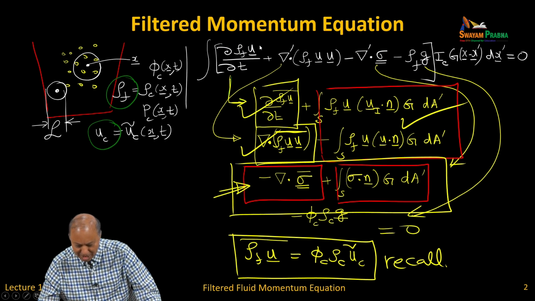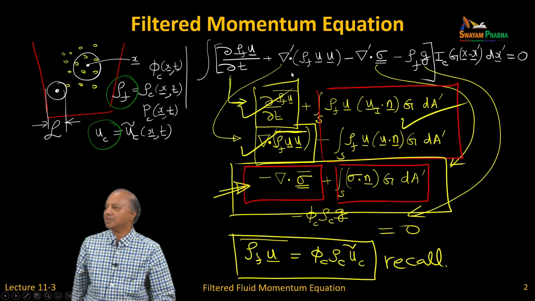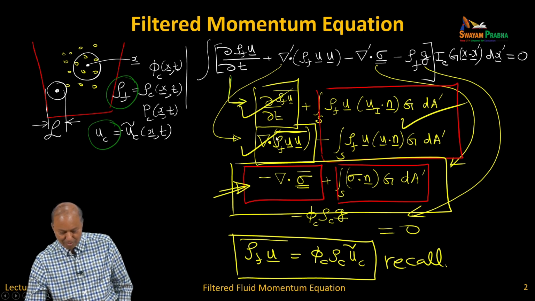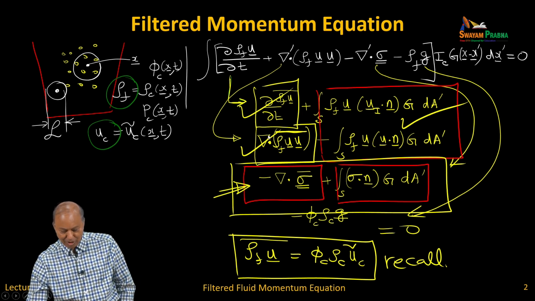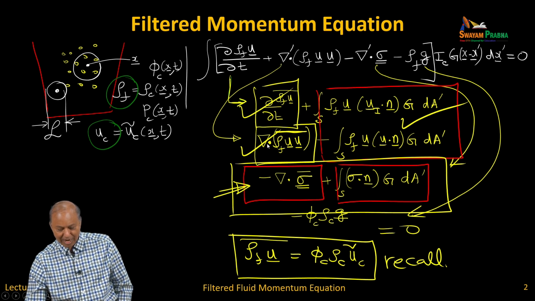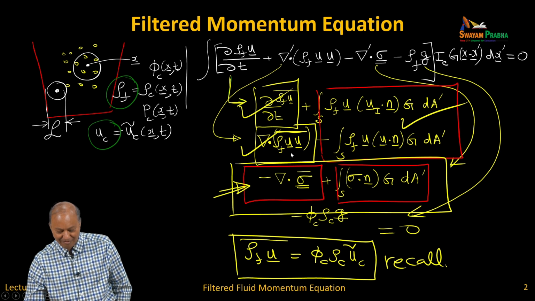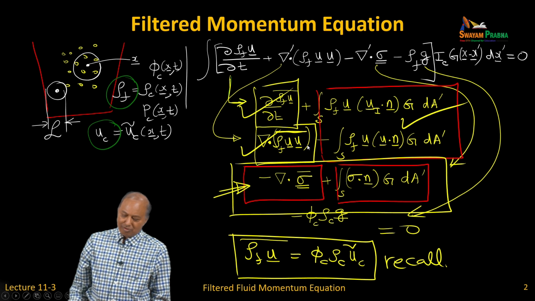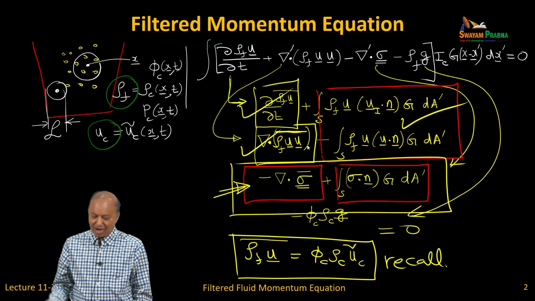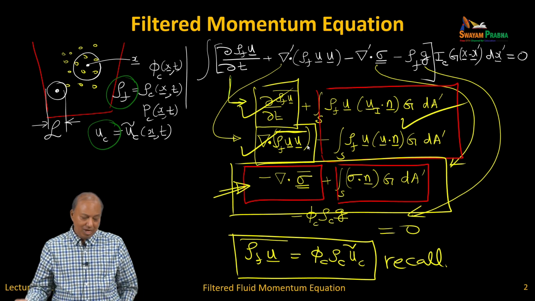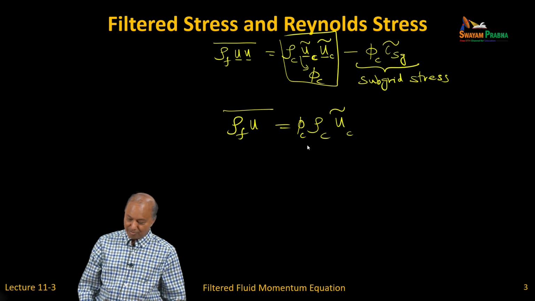Linear terms like this have no problem, but when you take this term and bring the integral inside the derivative, you get the divergence of the average of rho u u. Now, you only have the average of rho and the average of u, but you don't have the average of rho u u. So, this is where you get the Reynolds stress term, for example.